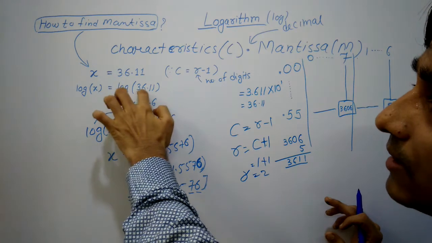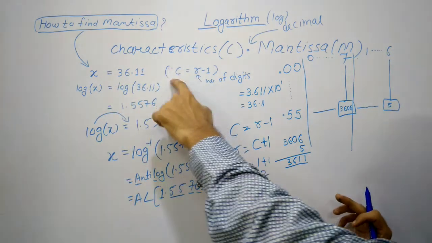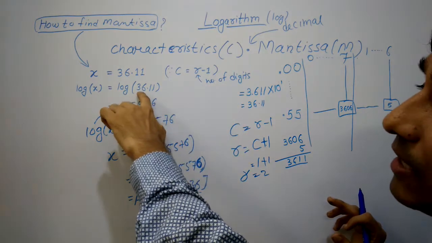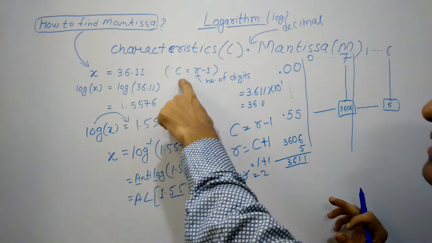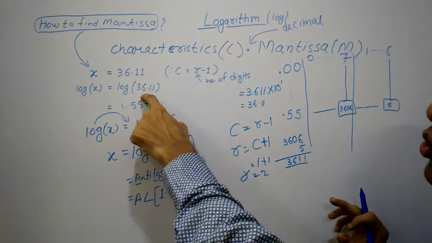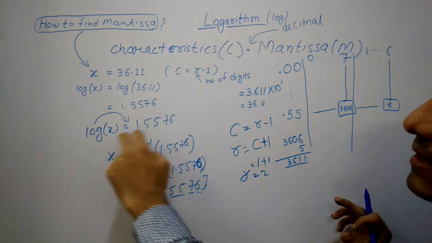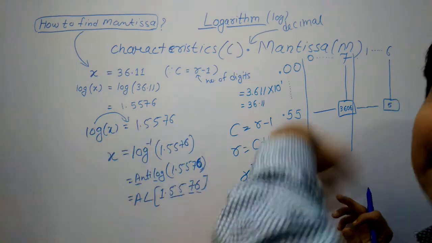You get 36, and the number is greater than 1. So I applied the formula c is equal to R minus 1, where R is the number of digits. The number of digits present before the decimal is 2. So c is equal to R minus 1, which means 2 minus 1, and you directly get 1.11. So log x, I got this. And you also have to find the anti-log.